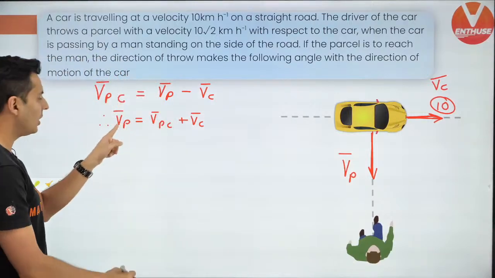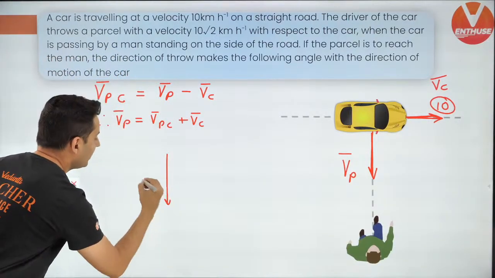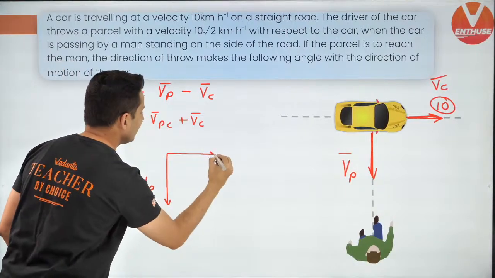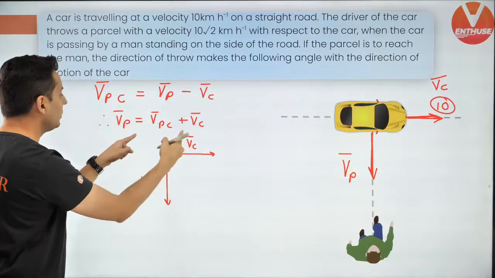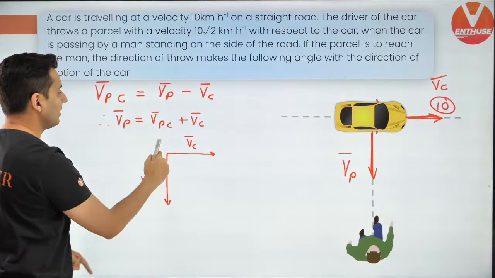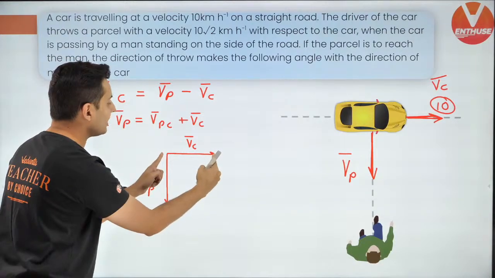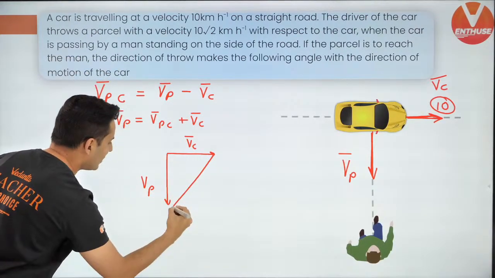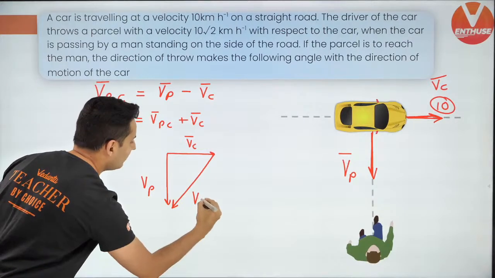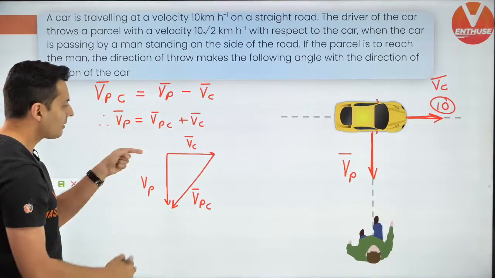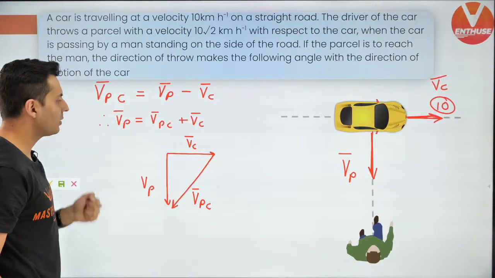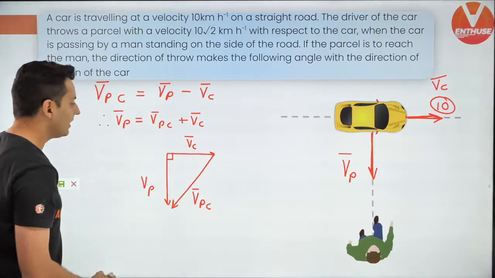So if Vp is over here, and Vc is over here, there is one more vector which I need to add to Vc to get Vp. Where should that vector be? Obviously over here. So this must be Vpc. Think about it. Vc plus Vpc is Vp. That's what this vector equation says. And this is 90 degrees.